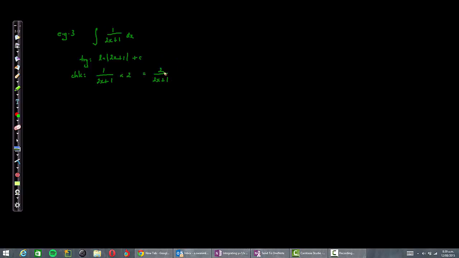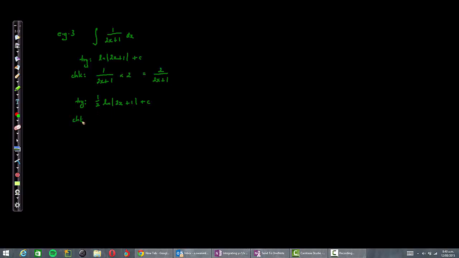Now from the work we've done on exponential and trig functions, you should know that we're going to compensate for that times 2 by multiplying this try here by a half. So let's say this is our beta try: a half natural log absolute value 2x plus 1 plus c.